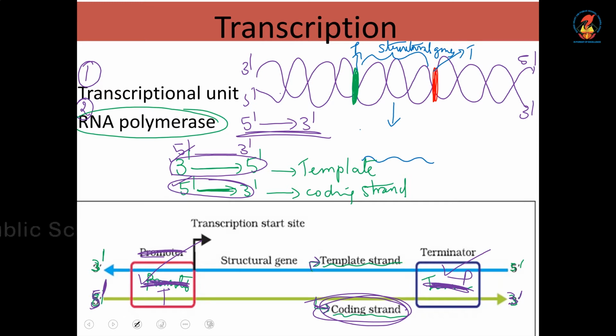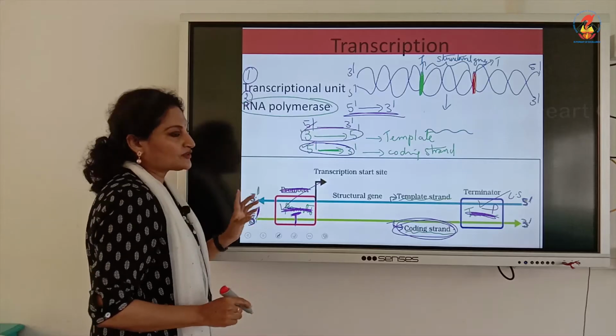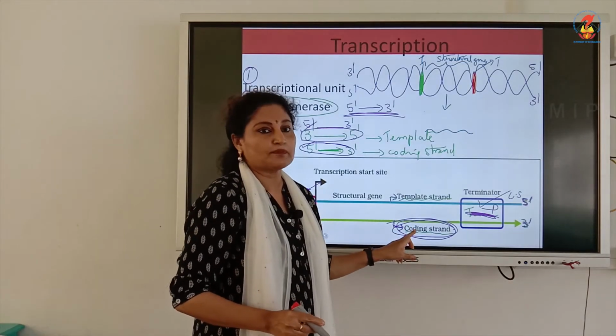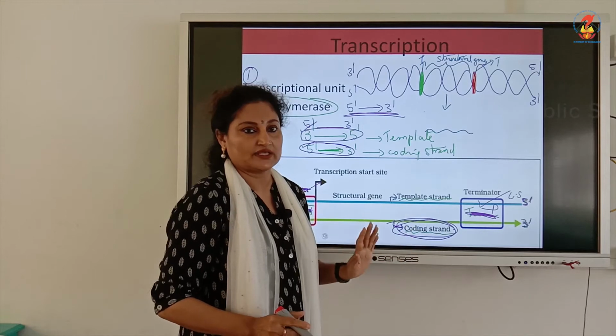Then which will be the coding strand? This should be the coding strand, because look, at the 5' end is our promoter, and look at the 3' end is the terminator. So it is with respect to the coding strand that the promoter and the terminator are located.